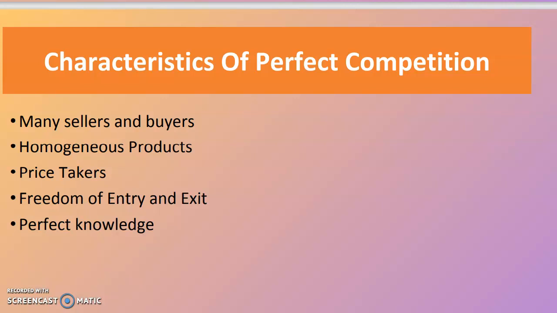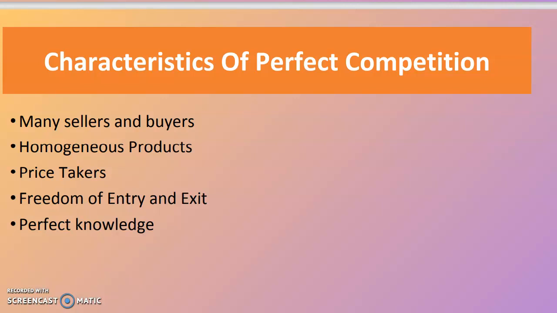They take whatever price is given by the market, and it cannot change the price. Therefore, for a perfectly competitive firm, price equals average revenue and also equals marginal revenue. We'll go into it later.